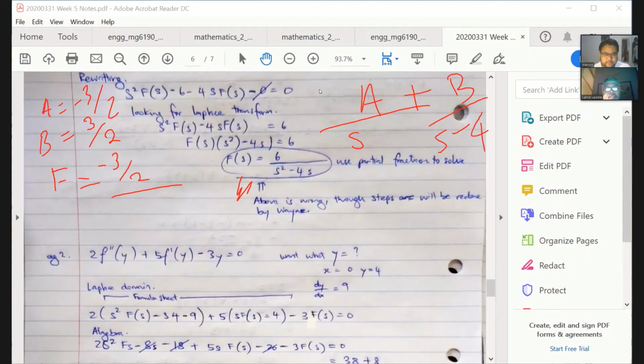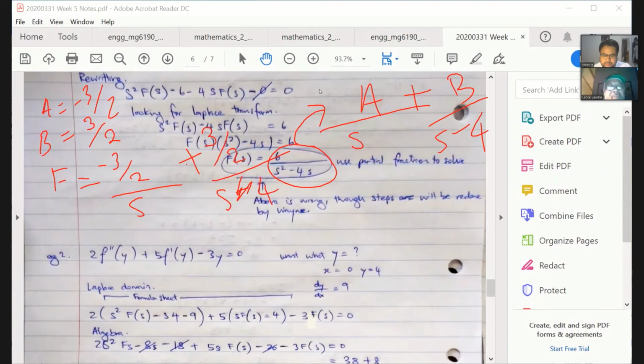We are expressing this fraction as partial fractions like this. A is minus 3 over 2 over s, and B is positive 3 over 2. I just write it as it is, B on the top over s minus 4. So how easy is that?